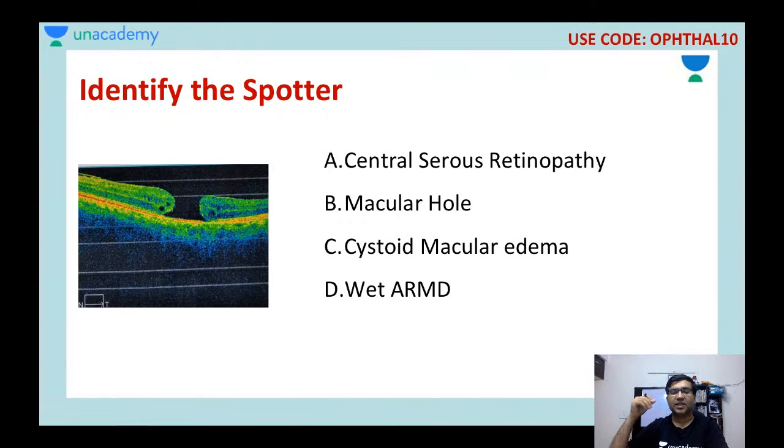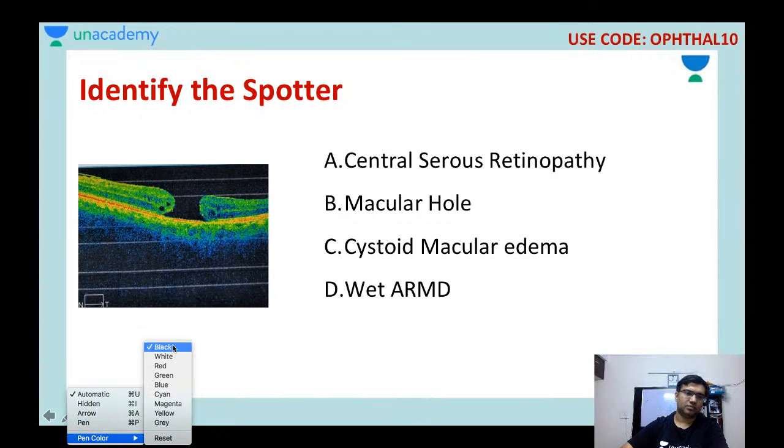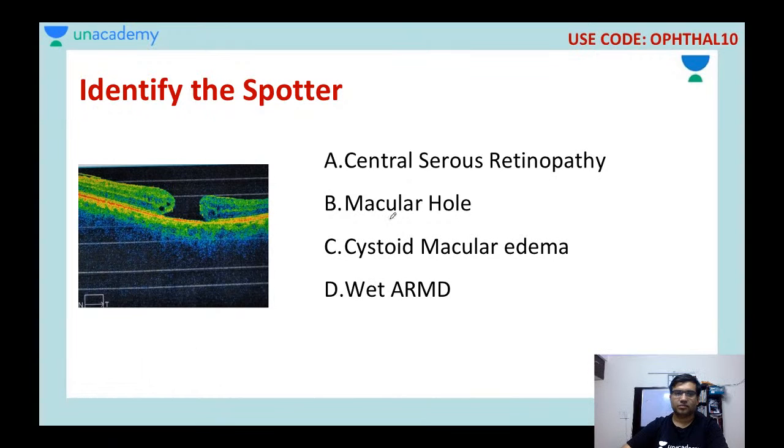Identify this spotter. In this spotter, what you can see is that in the center of the macula, some layers are deficient. Because the layers are deficient here, this is basically called a macular hole.